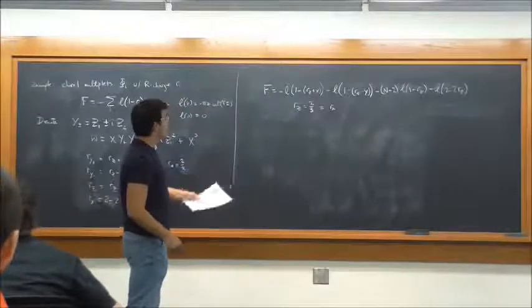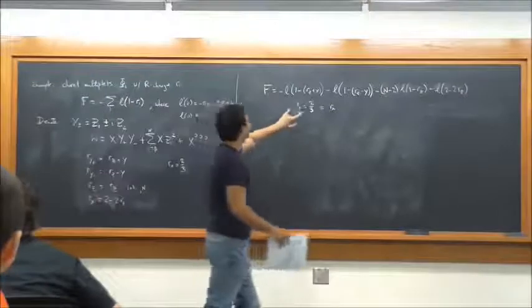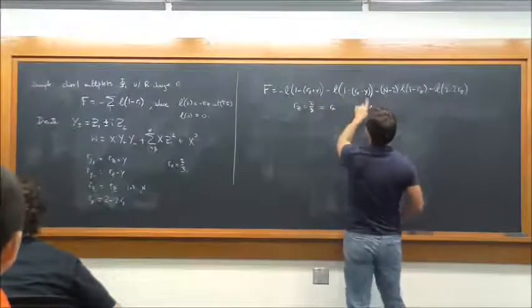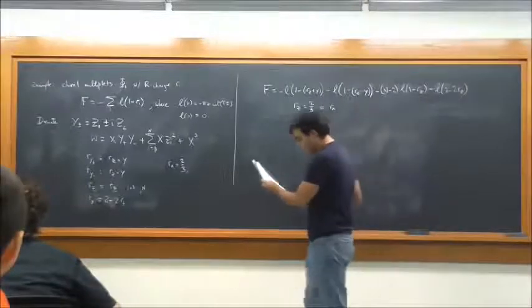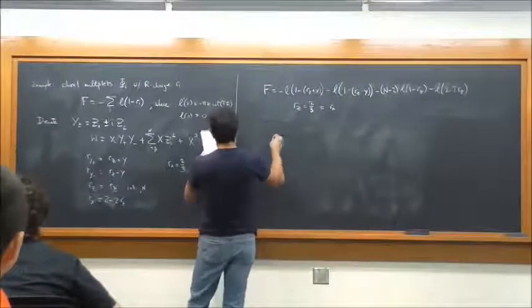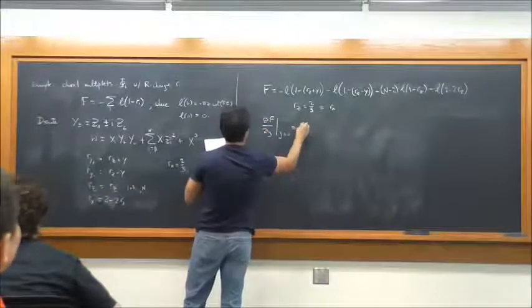And pretty clearly, this function has an extremum at y equals 0 because it's symmetric: this term has plus y, this term has minus y. So dF/dy at y equals 0 is equal to 0.